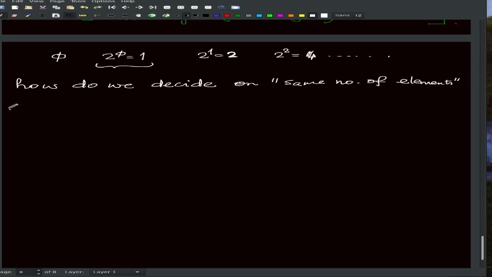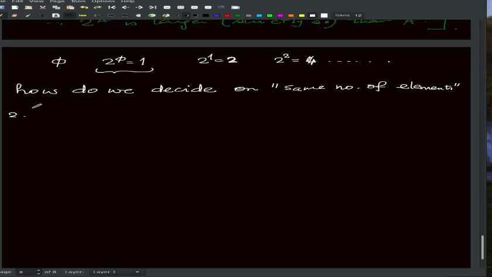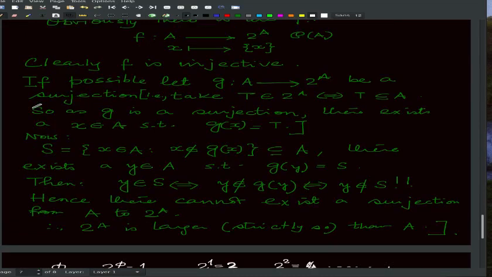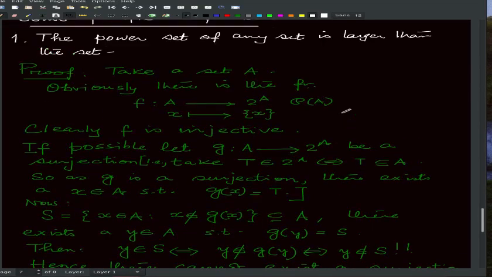And that is where, by the way, this proof is a classical proof, and the technique used over here is usually called Cantor's diagonalization argument.